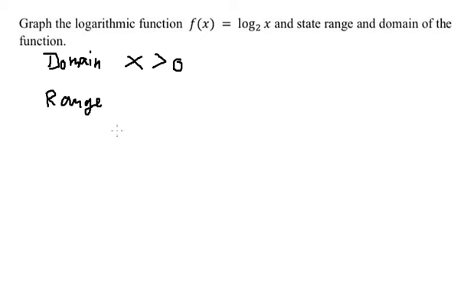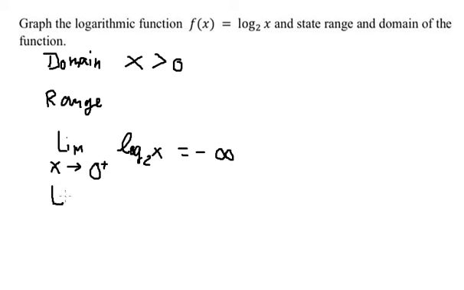So we need to use the limit. When s approaches 0 on the right, because s is greater than 0, the function log base 2 of s will go to negative infinity.